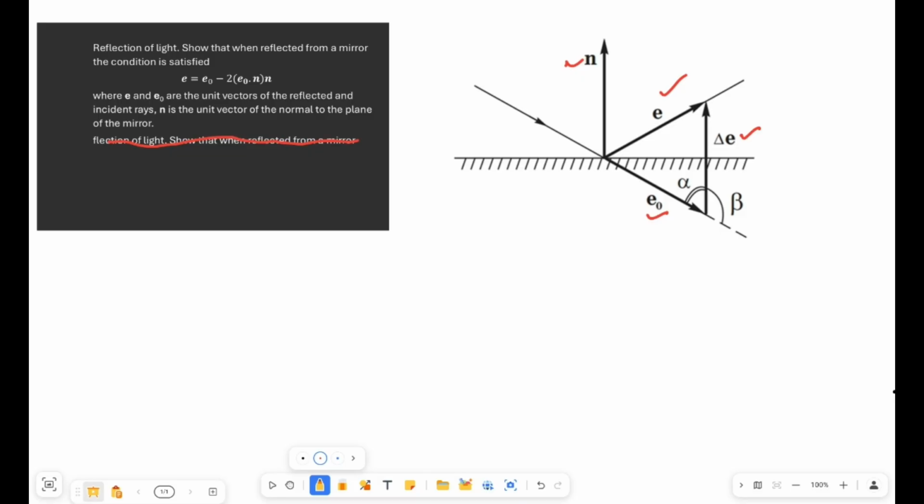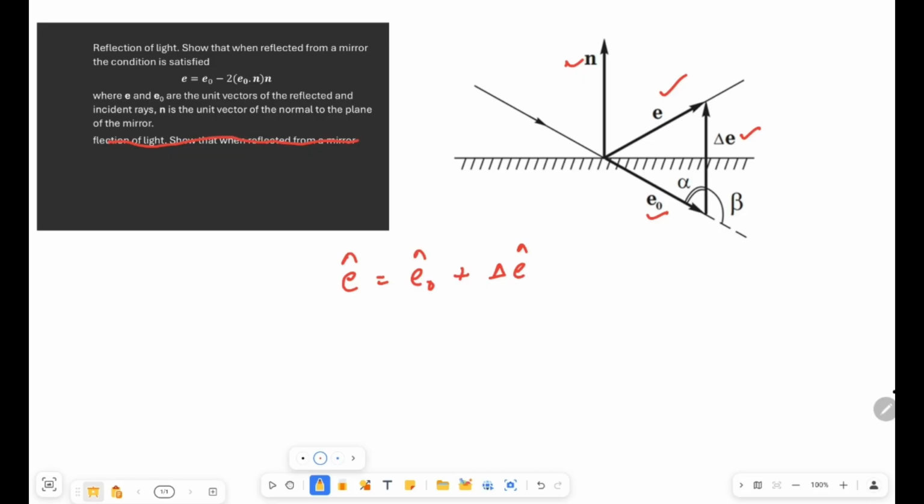But first let us look at this vector triangle, and you can always write from this vector triangle that this unit vector E is the sum of E naught vector plus delta E vector drawn in this picture.